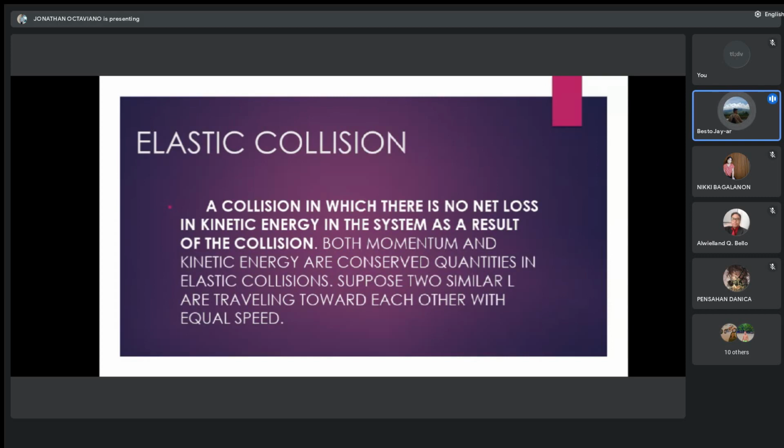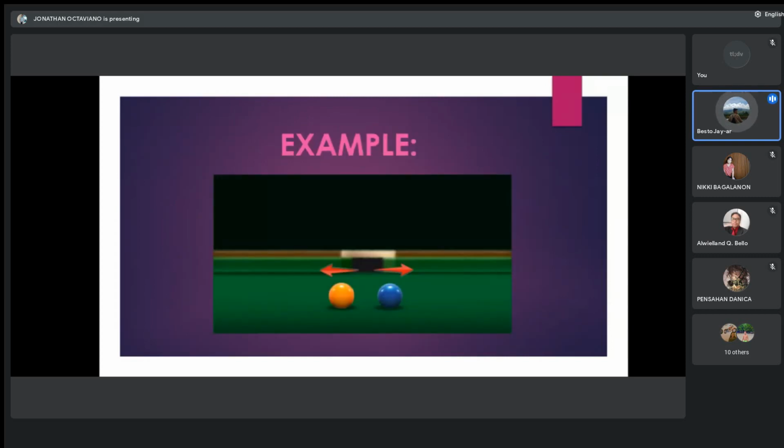An example is billiard: when a ball at a billiard table hits another ball, it is an example of elastic collision. The second type of collision is inelastic collision.